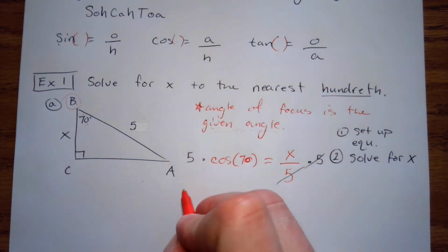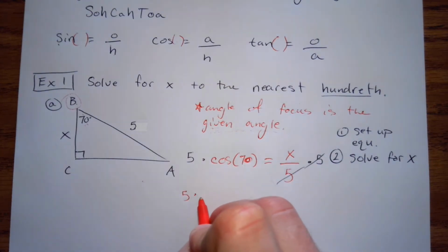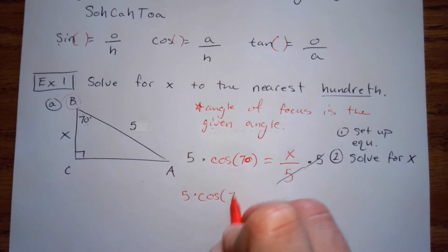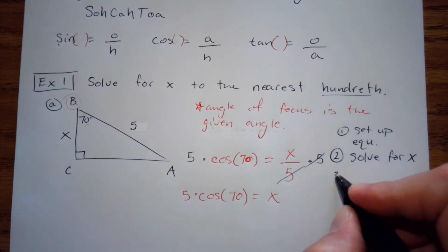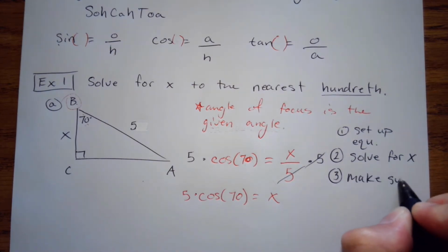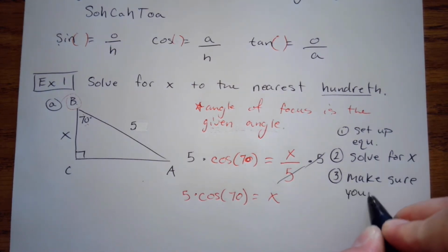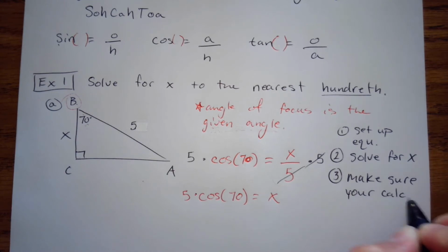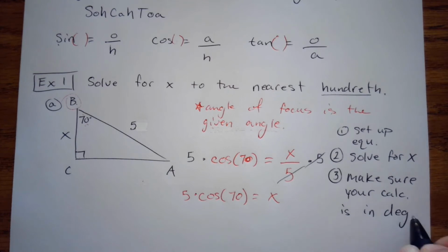So I have 5 times cosine of 70 equals x. And then the third step is to make sure your calculator is in degrees. So let's see, making sure my calculator is in degrees.